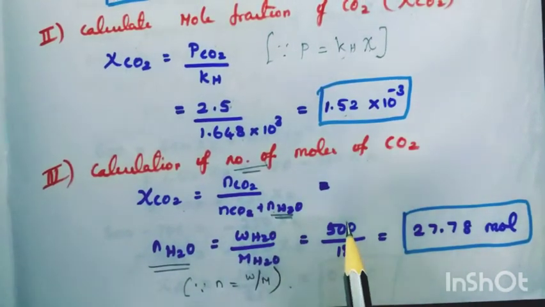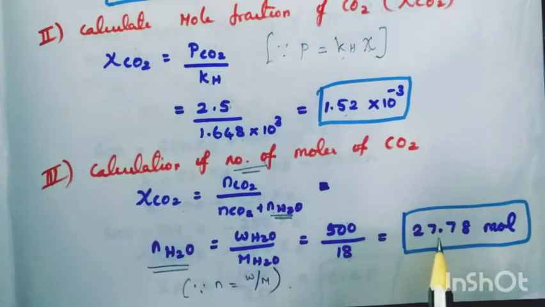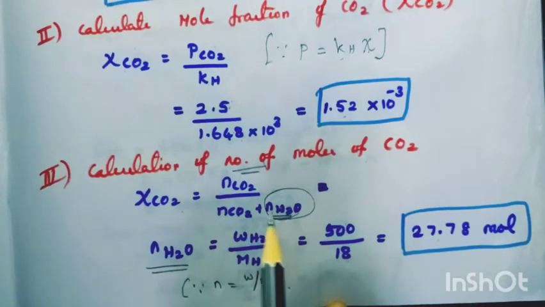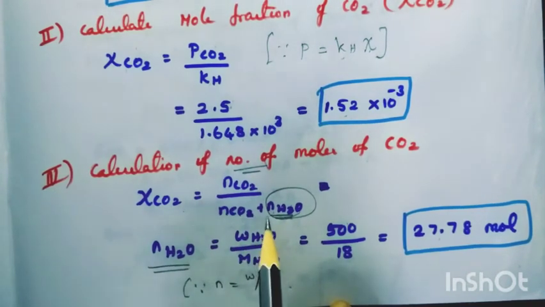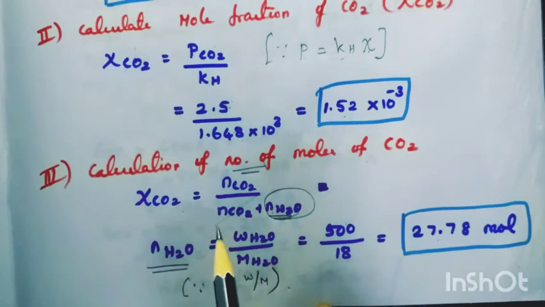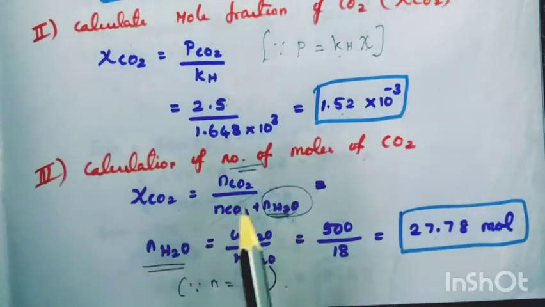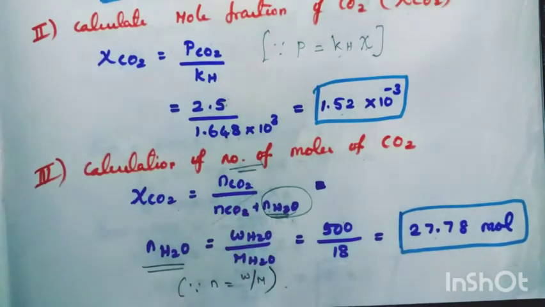Weight is given, 500. Molar mass is this. So N water we get. This is a solvent, and the solvent is always in excess. Since NCO2 is negligible, this can be neglected. Now the formula can be written as NCO2 by NH2O.